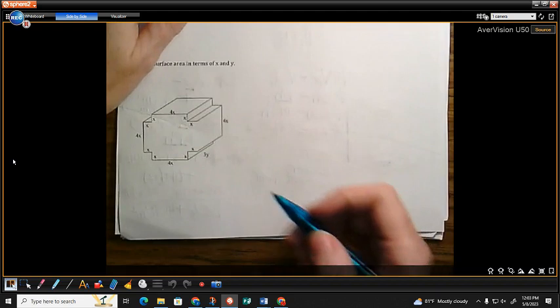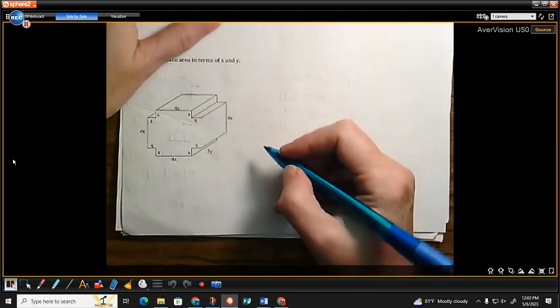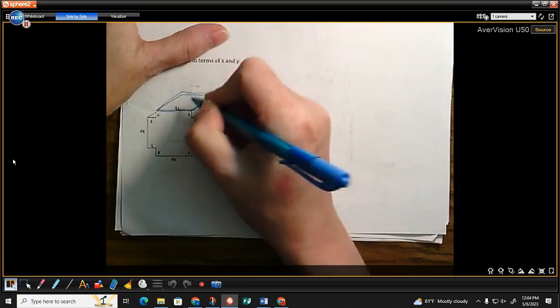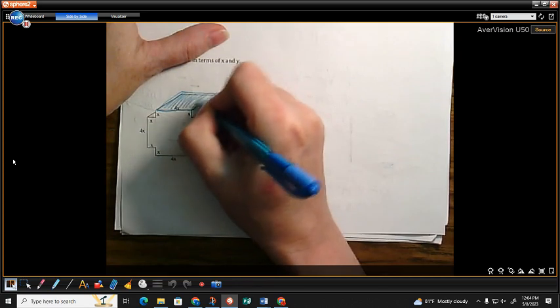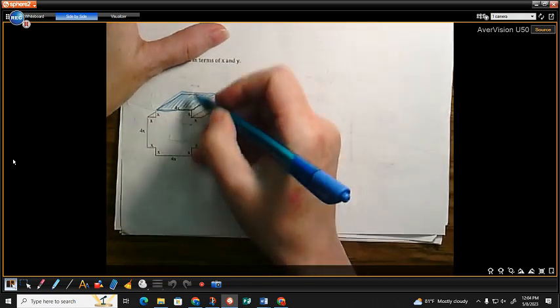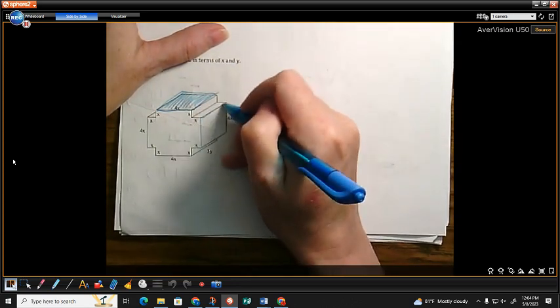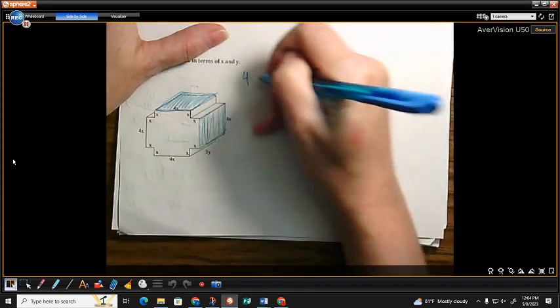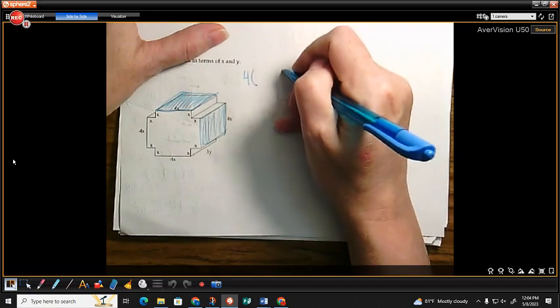So let's figure out our rectangles. What's one rectangle that's on the surface here? How about this one on top? How many of these blue ones are there going to be on this whole shape? There will be 4. So I need 4 of these rectangles.